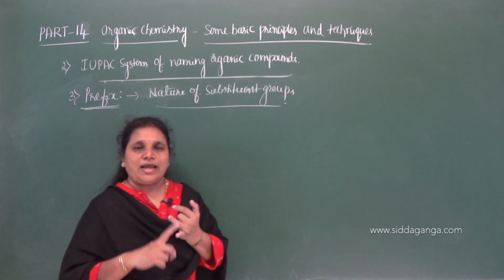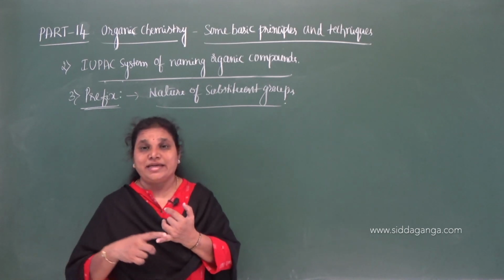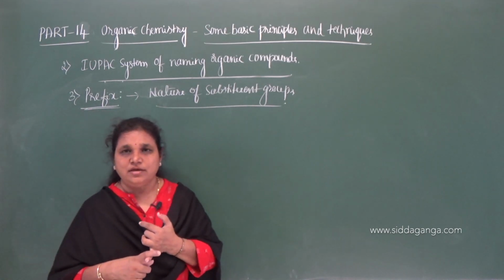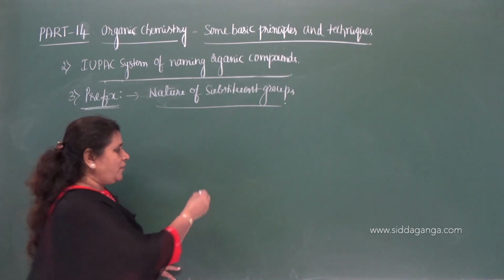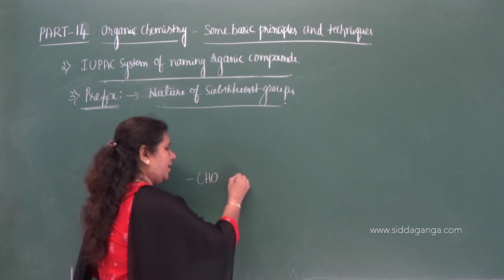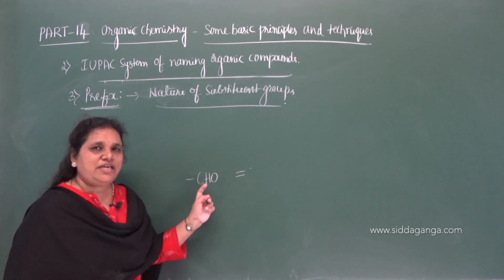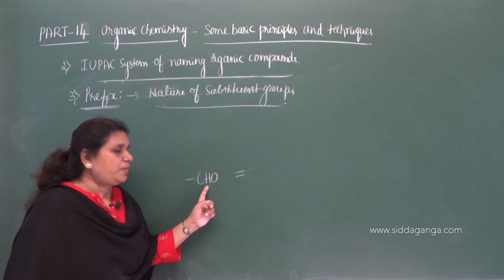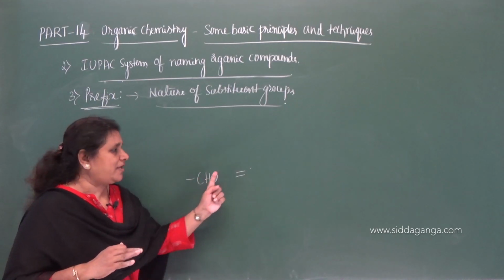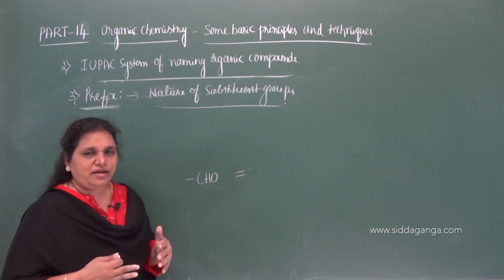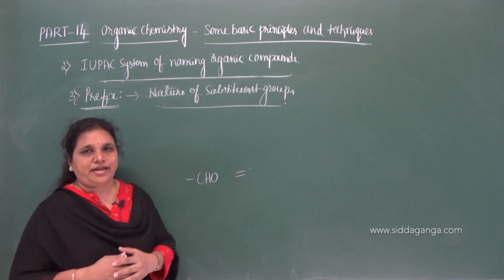But while classifying the functional groups, we can classify multiple bonds as secondary functional groups, because if in a given organic compound, if CHO group is there, then double bond is also there, then we need to give the preference for CHO. This is the group which actually gives the complete properties of the organic compounds rather than the double bond. Then we can classify the groups as primary functional group and the secondary functional group.